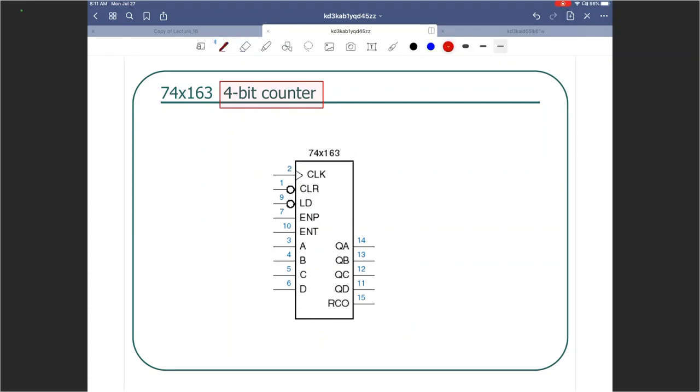So let's say the topmost was clock, 1 CLK, and for CLK it is pretty straightforward because it's positive edge triggered.